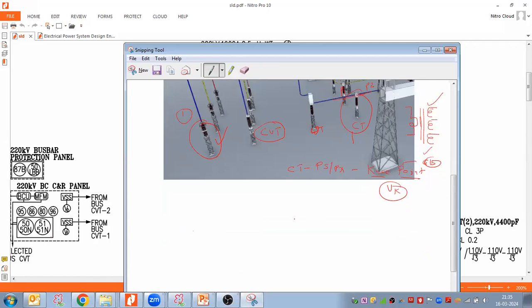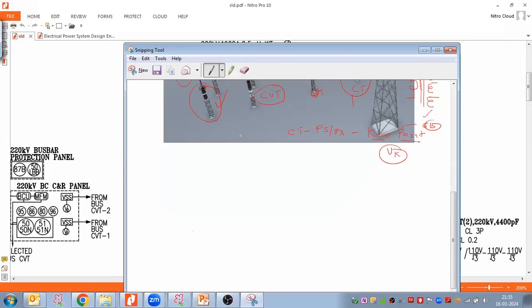Yes, sir. Suppose here is the bus bar, and then the circuit breaker. I told you that the CT should be after the breaker, and just after the breaker. Why? Because if the CT is not here, suppose first I put the disconnectors, then any other equipment, and after that the CT.